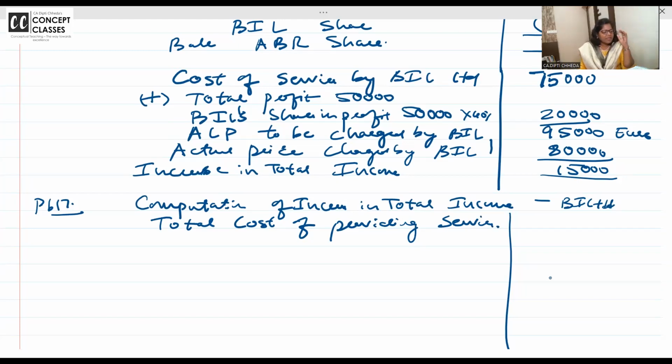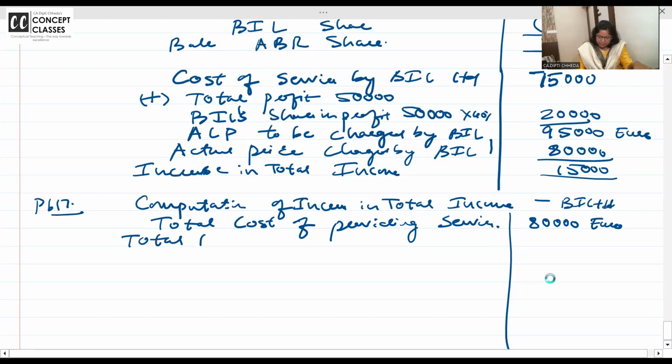Can you search the figures properly in the problem? BIL का शेयर बोलो कितना है? 80,000. Are you able to search, all of you? Put it in chat box then as fast as possible. 80,000. अब total profit कितना है?